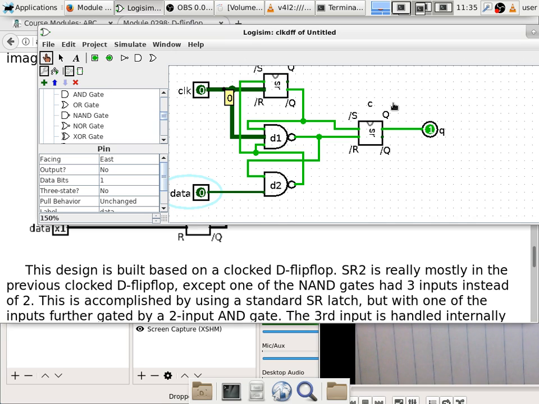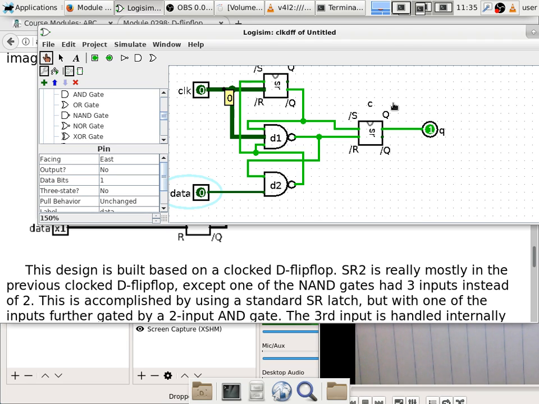What happens when /R goes high? Is it going to change /Q of SR latch S, which is the top? Is this /Q going to change as a result of that? No, it's not going to change, okay? Because it will maintain its state.